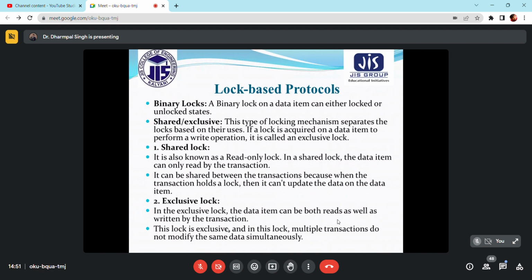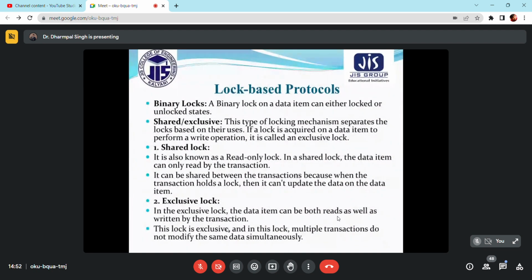What is the meaning of shared lock? The shared lock is also known as the read-only lock. It means when I want to perform the read operation, I can go for that lock.